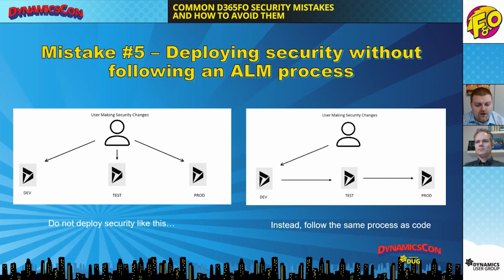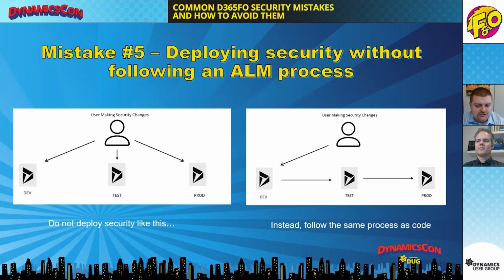There are a number of blog posts about this from other Microsoft personnel and other MVPs about the ALM, or application lifecycle management process, that you should have within your F&O environment, and your security should also fit into that process. Just like you wouldn't let a developer make changes directly in a test or production environment, you wouldn't want to change security in that way.